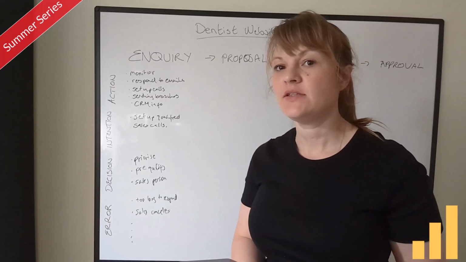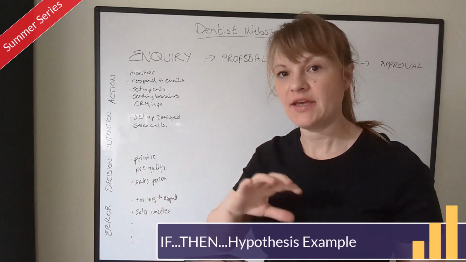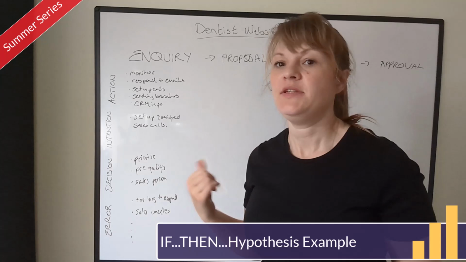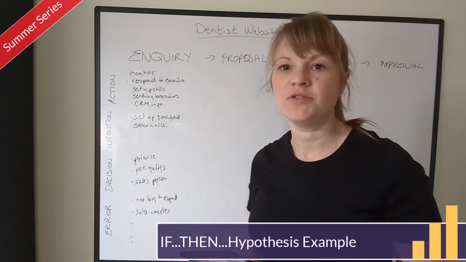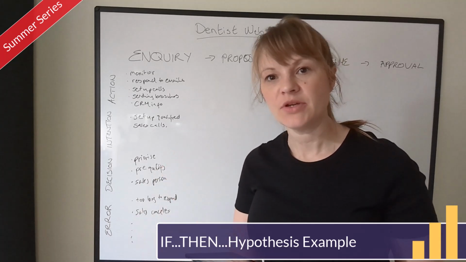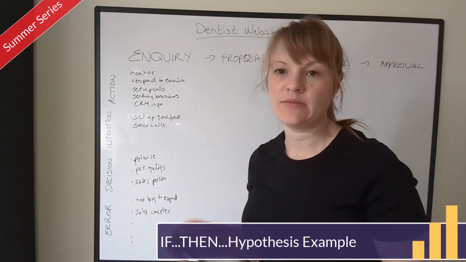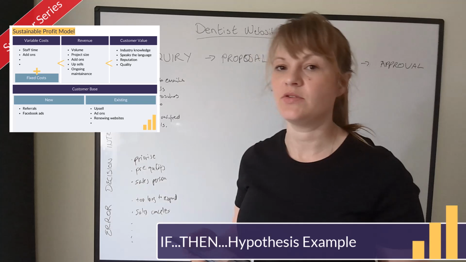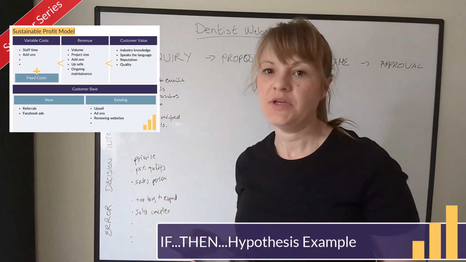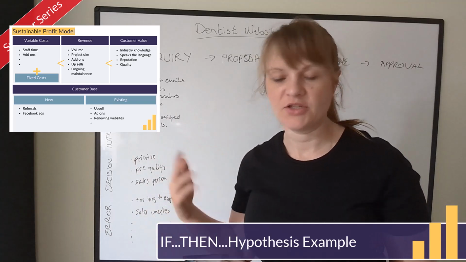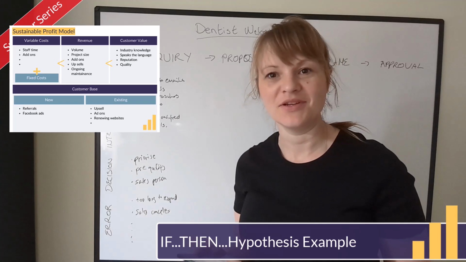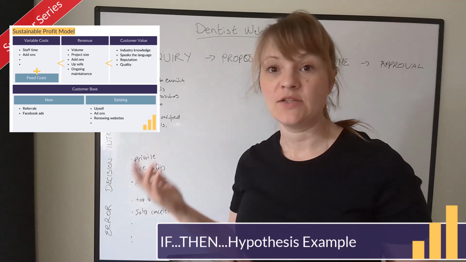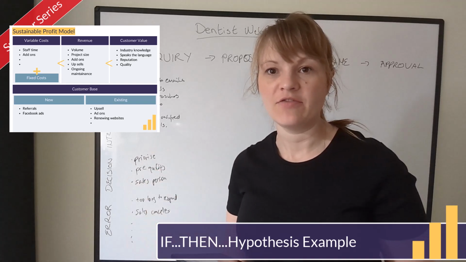Okay, so now let's look at the if-then hypothesis model. So this is a partial aid model from earlier, and I have on my tablet here, which I'll put up on the screen, the sustainable profit model that we built last week for the fictitious dentist website company that we're looking at. So let's work out how we do the if-then.